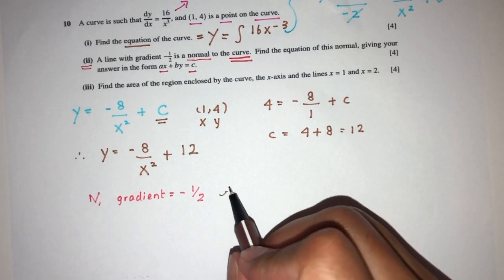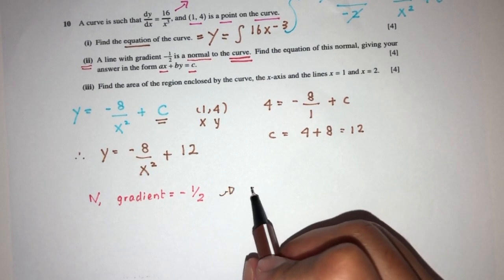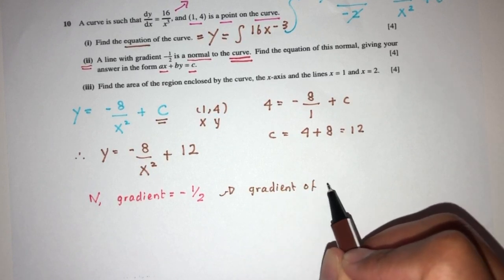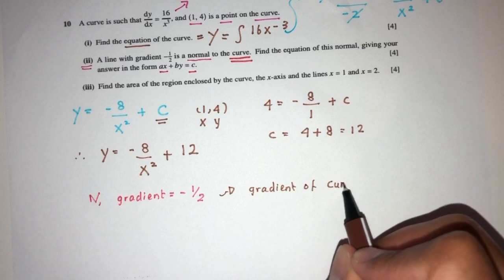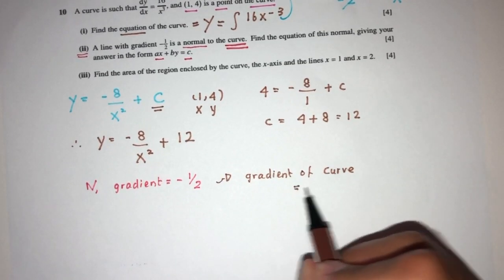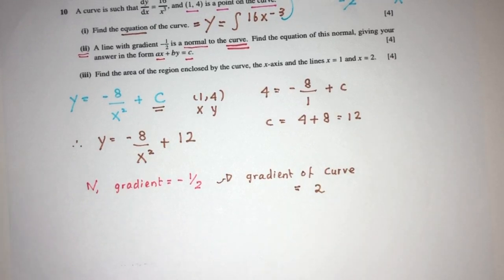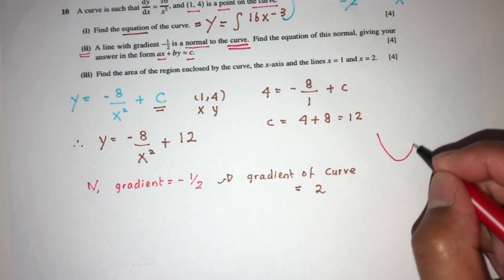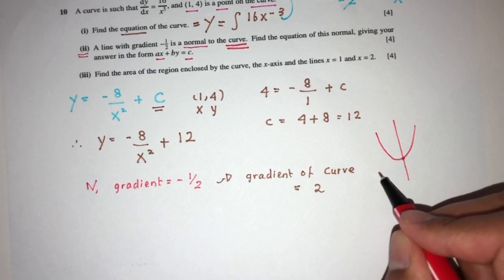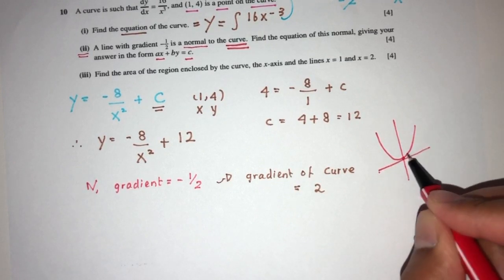So if we have this, we realize that the gradient of the curve at that point has to be what? 2, because we know this is the curve, for example, and this is the normal, for example. We know that at this point we will need to have a tangent at 90 degrees.